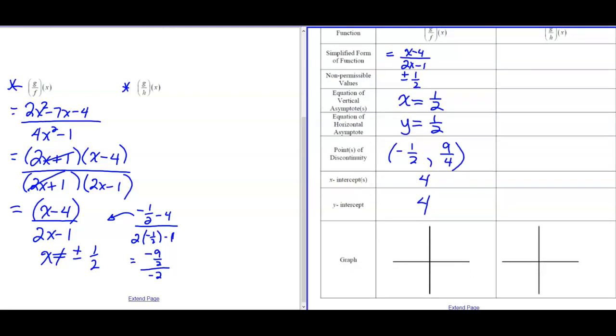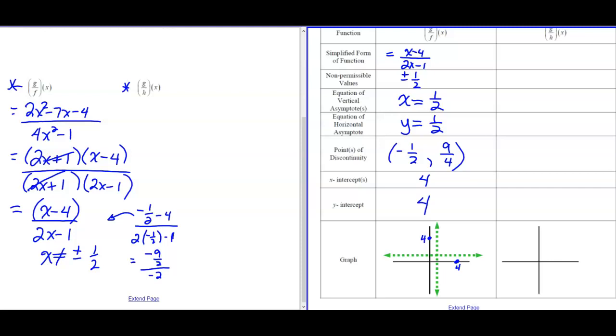To graph it, well, we have a fair bit of information here. So your vertical asymptote at x equals 1/2. Okay, and horizontal at y equals 1/2. We know there's an x-intercept at 4, y-intercept at 4.